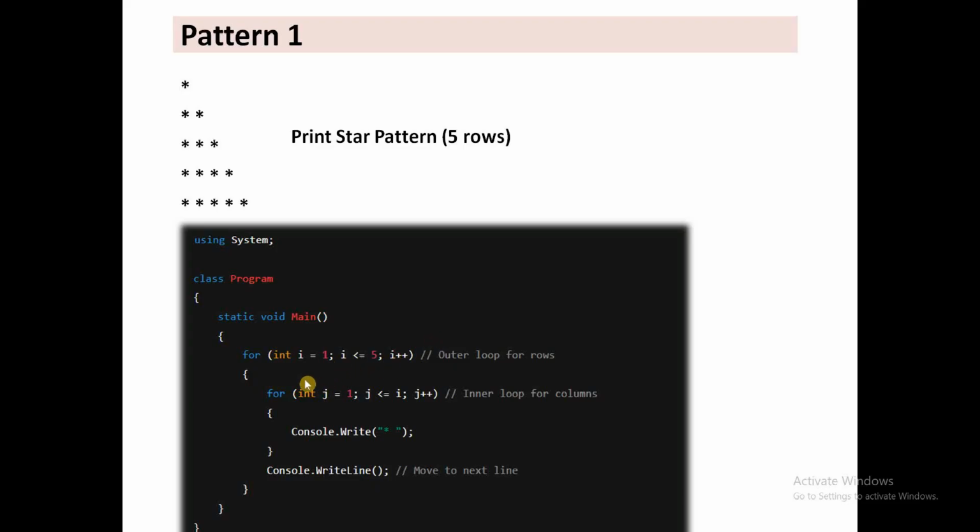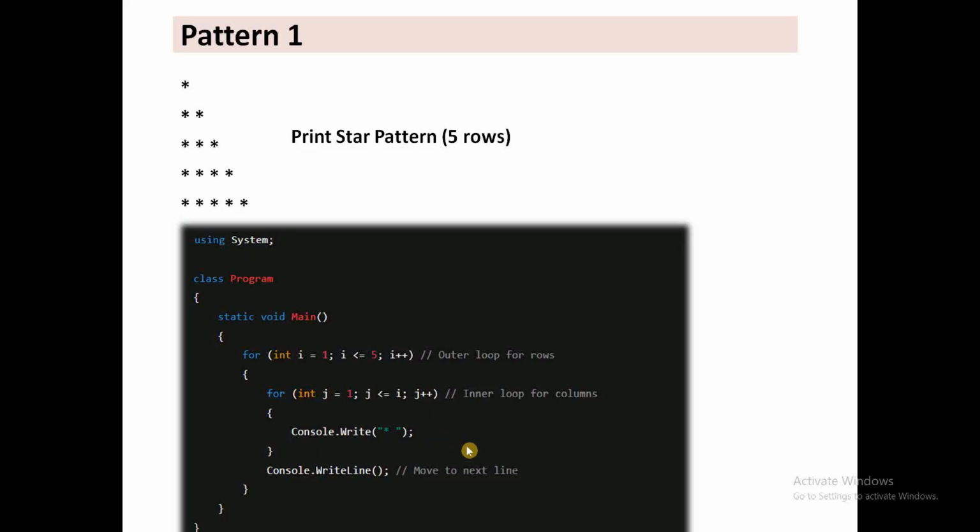Here we have an example with the initialization point of the main loop along with the condition and increment. The outer loop prints the rows, and the inner loop prints the columns. Here we are printing the stars along with a space, and we use Console.WriteLine if we want to print the stars on the next line.